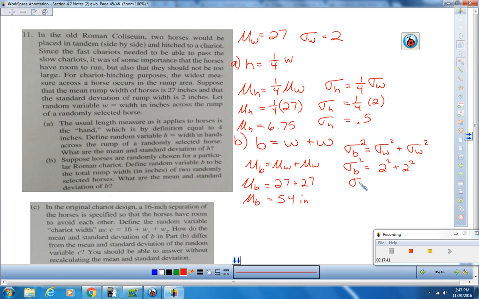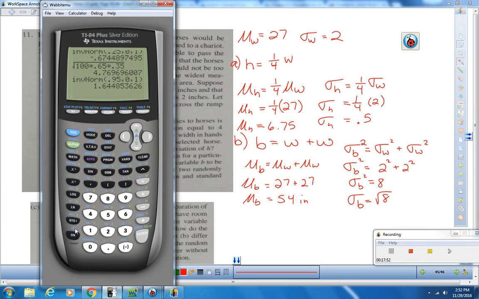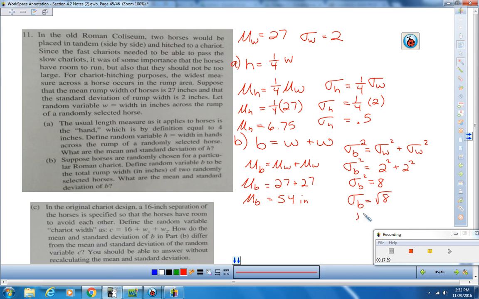So that means the variance of B is 8, making the standard deviation of B the square root of 8. I think I should know what that is, but I don't remember. The square root of 8 is 2.828. Okay. So that takes care of Part A and Part B.